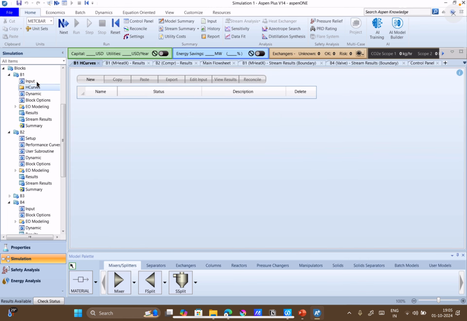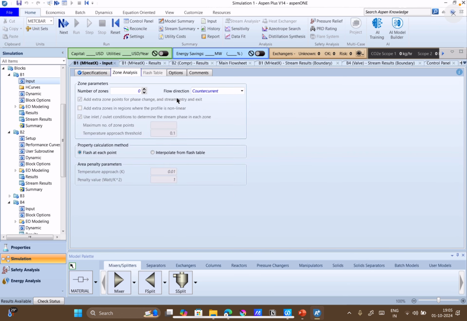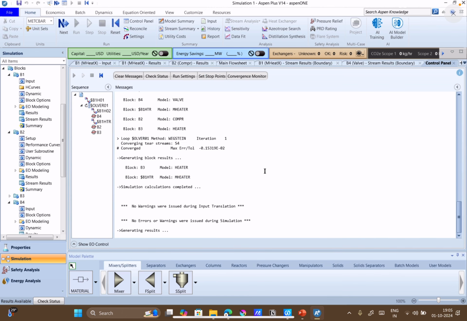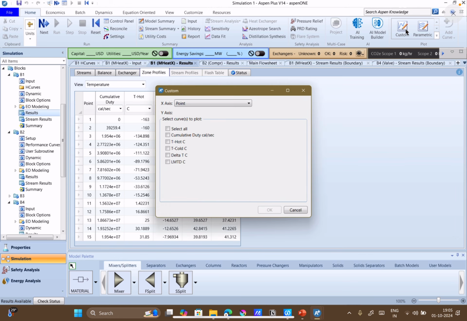Dynamic input, zone analysis. Let's say we provide 10 points for zone analysis, then we should have this. Yeah, so we have a zone profile, and then accordingly how temperature values are changing.